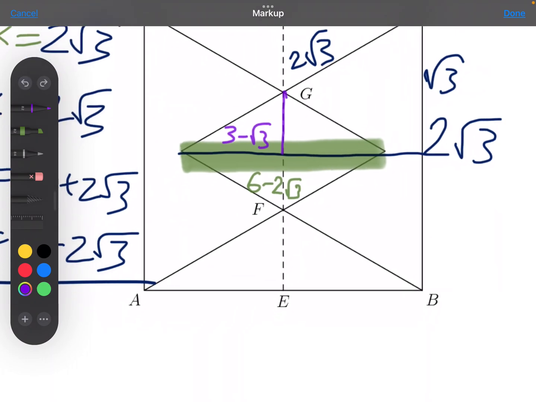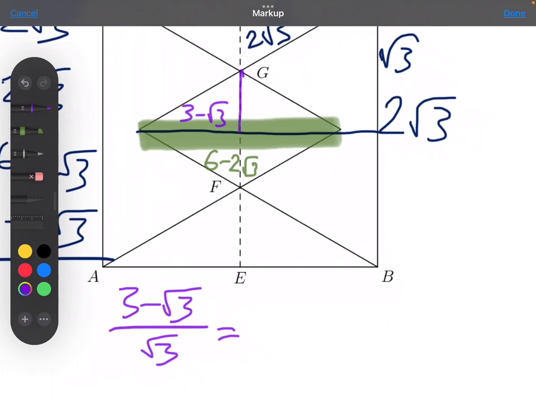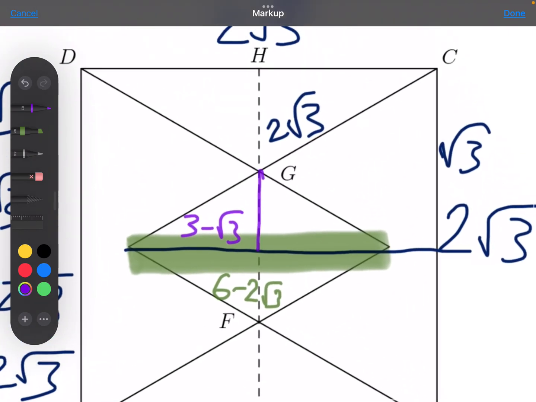So let's do that right now. 3 minus square root of 3. It's going to be square root of 3 minus 1. So this height over here will be square root of 3 minus 1.